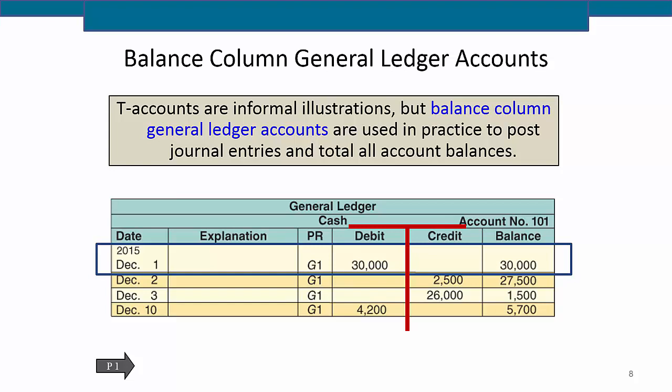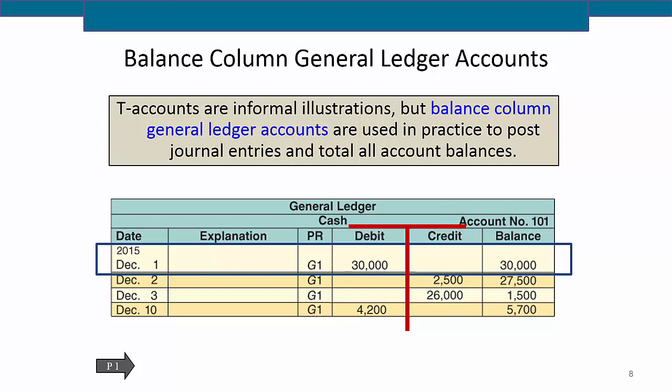Let's consider the cash account. We recorded a journal entry in the prior example. In the upper right-hand corner of the ledger account, we assign an account number to the cash account. In computer processing of information, numbers are far more efficient to use than alpha characters.